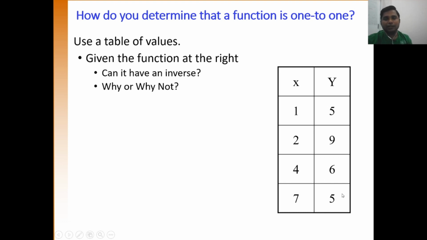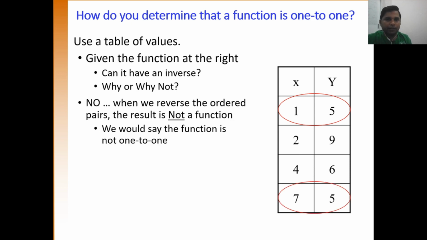So it's not a one-to-one function, because for a one-to-one function, a unique x gives a unique y. Here two different x are giving the same value of y, so it's not one-to-one, right? When we reverse the ordered pairs, the result is not a function, and if it is not a function, inverse is not defined.